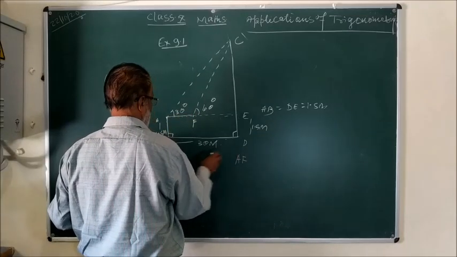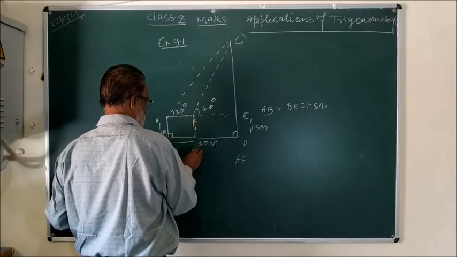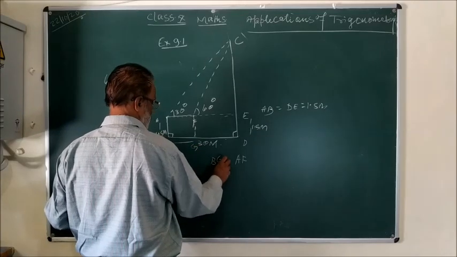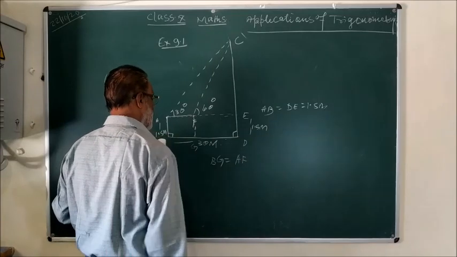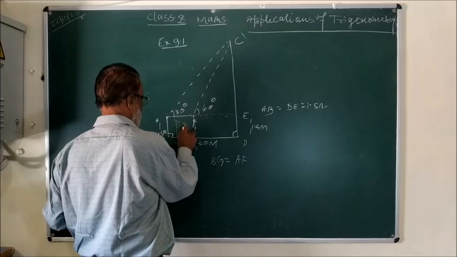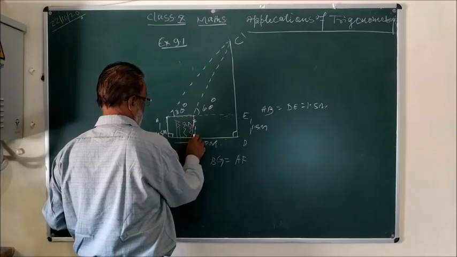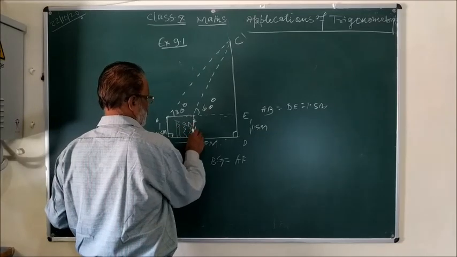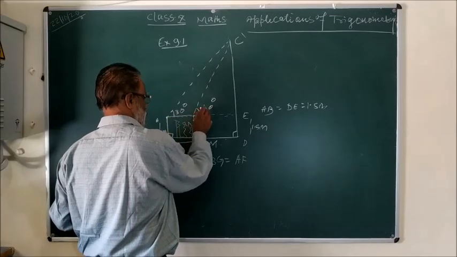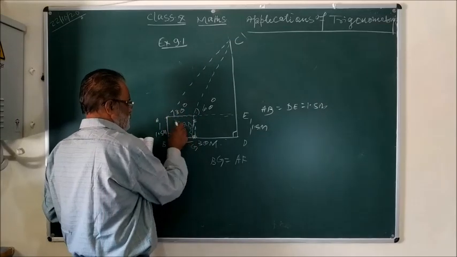We will find it; it was here, and it has come here. So you have to find BG, moving towards the tower. See, from here in this way it has to come here. The angle is formed because the eyes are here, so the point of observation is this and this. So BG means AF.